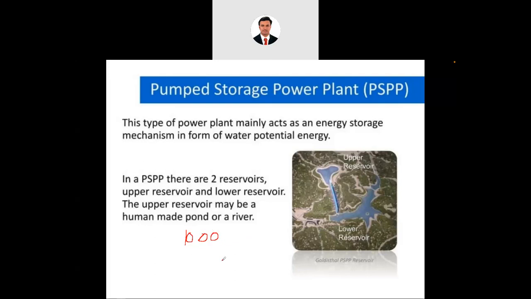Now the demand for this electricity will vary with respect to time. Consider that during the daytime, the demand is very low because the consumption of electricity is low. At the morning time and at the evening time, the demand for electricity is very high.